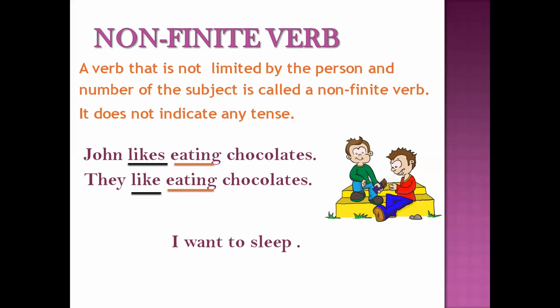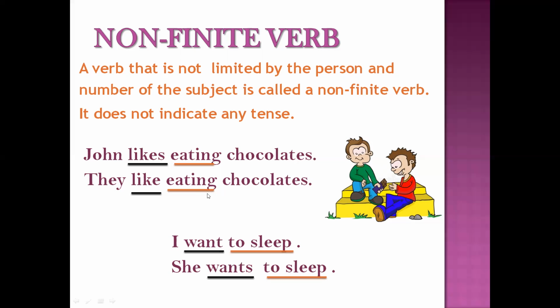I want to sleep. Here again, she wants to sleep. We have the verb want. So want is changing as per the number of the subject, right? We have changed the form. Here we are using plural, here we are using singular. But what remains the same is this verb, to sleep. So whether you are using a singular noun or a plural noun, it remains the same.